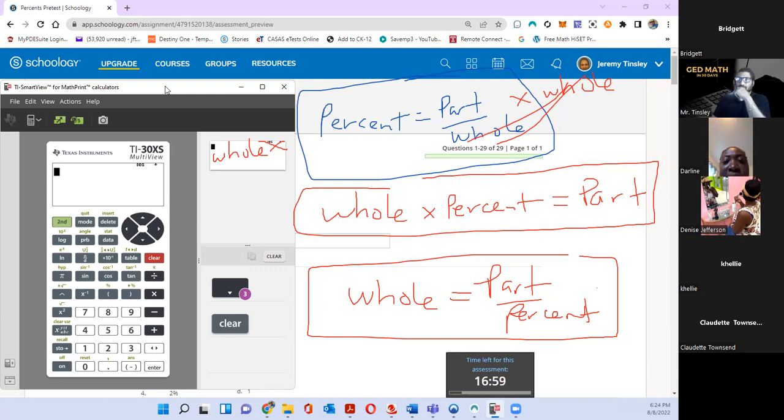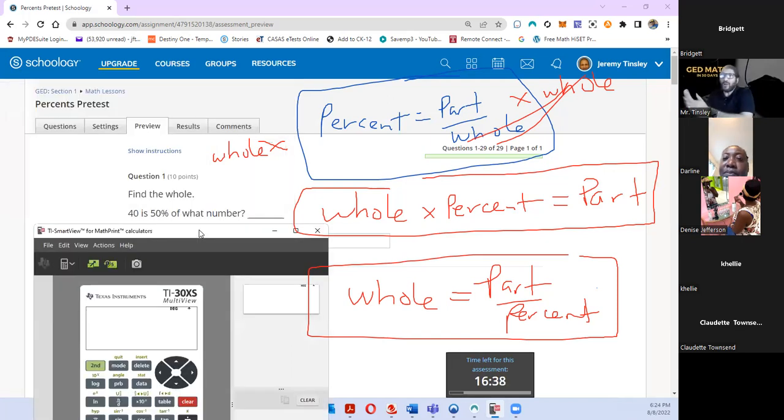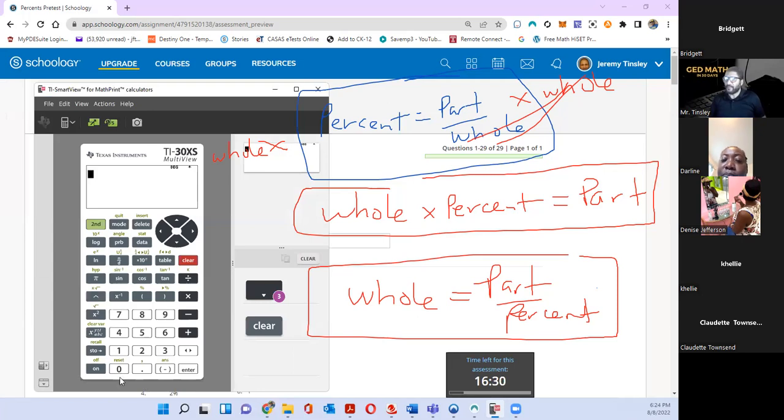The 40 seems like the part. Right. Because it's saying find the whole, so you don't know whole. You know the percent because it says 50%. So all you're going to do is go in your calculator, 40 divided by 50%.